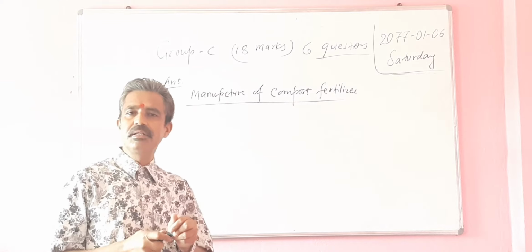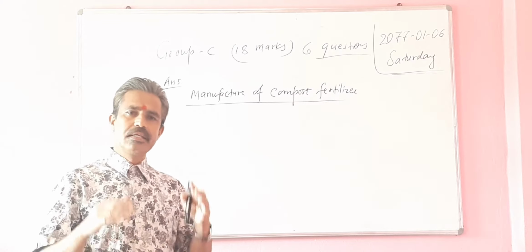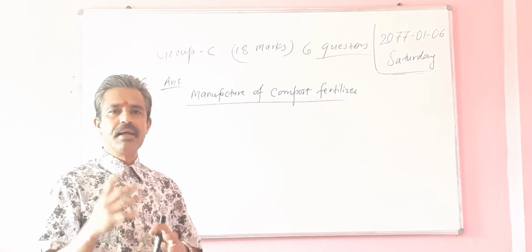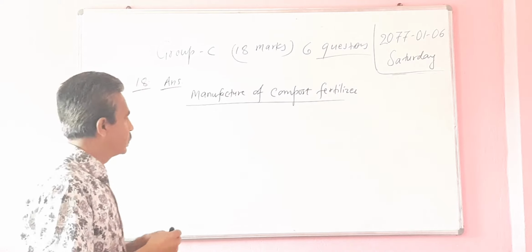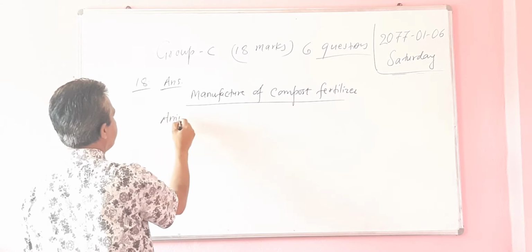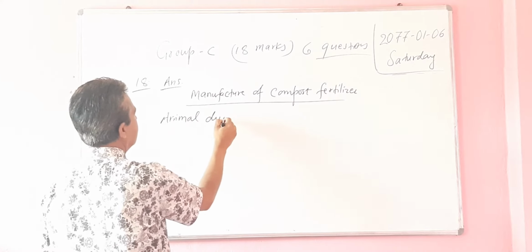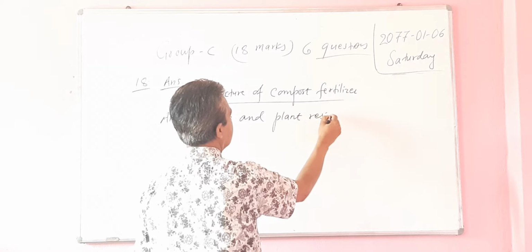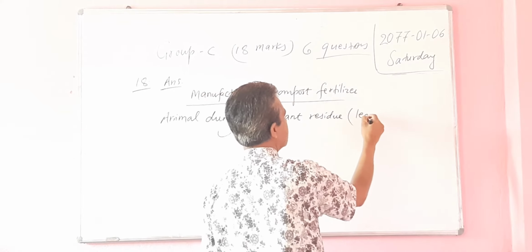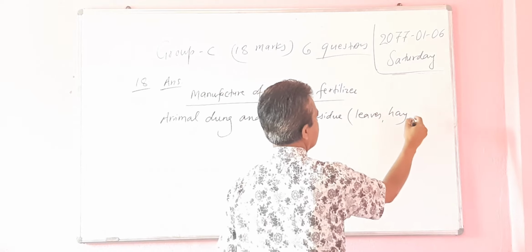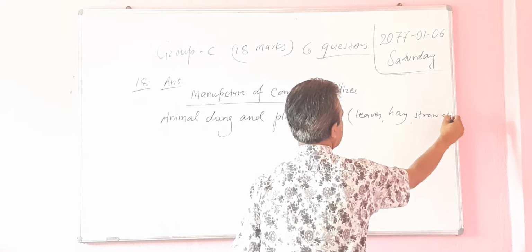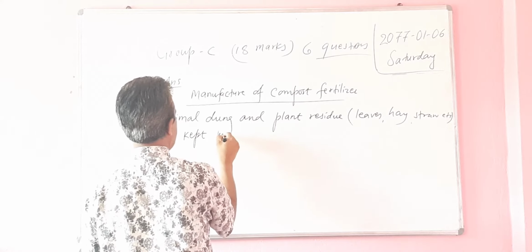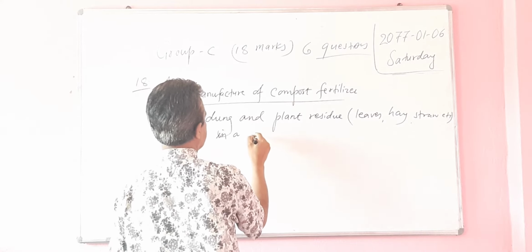Compost fertilizer is made by using organic substances. Here organic substances means animal dung and plant residue.